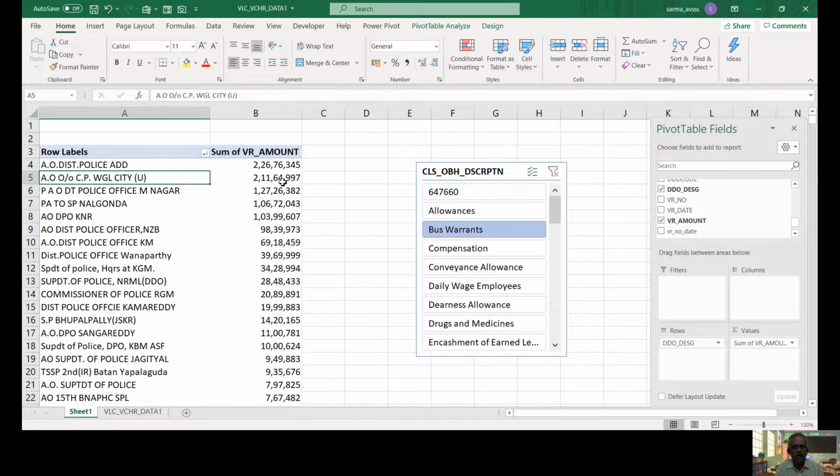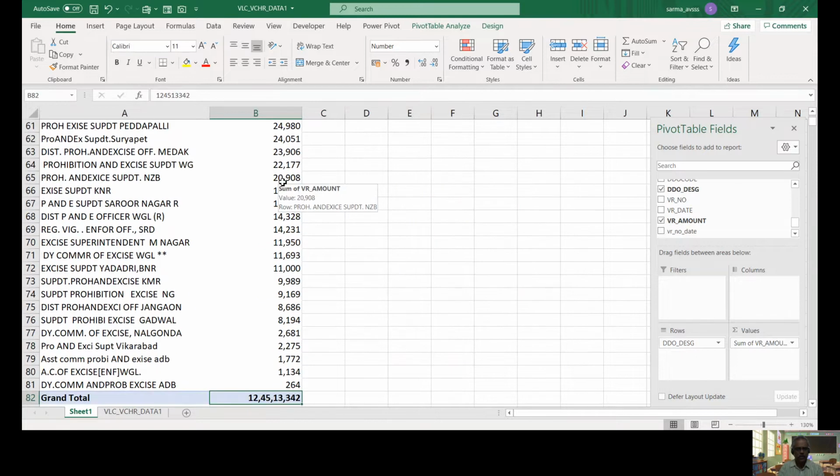Who is the least spender? Deputy Commissioner, Prohibition and Excise, Adilabad, 264. I think the top spender and the least spender are both from Adilabad district. AO, Assistant Commissioner of Excise, Warangal, spent only 1134.